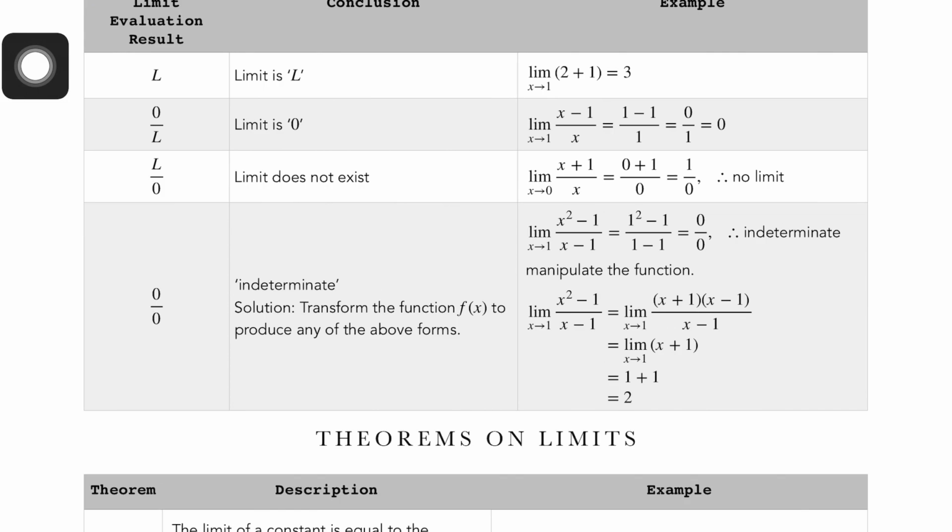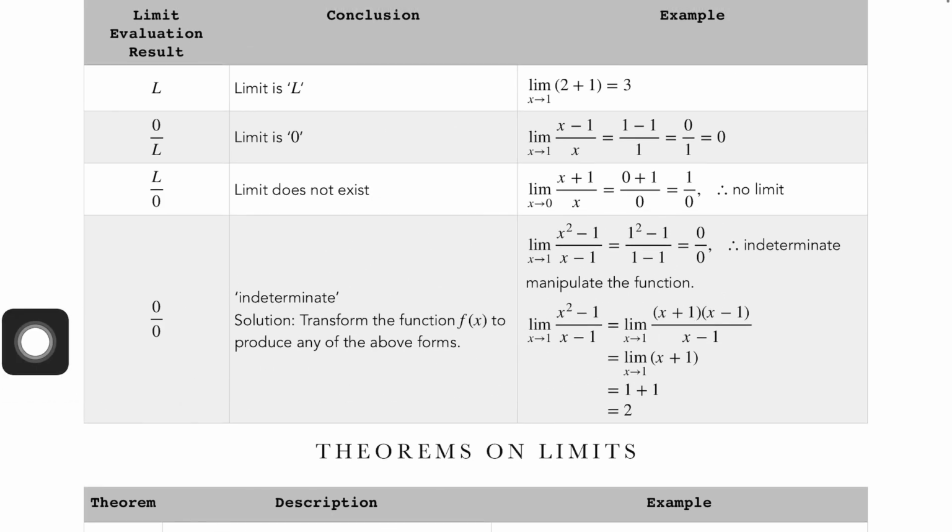As an example, if we manipulate the function x squared minus 1, we can factor it, because the factors of x squared minus 1 are x plus 1 and x minus 1. Then this factor all over x minus 1 has a common factor that we can cancel out, because we can cancel x minus 1 in the numerator and x minus 1 in the denominator, thus leaving us the limit of x plus 1 as x approaches 1.